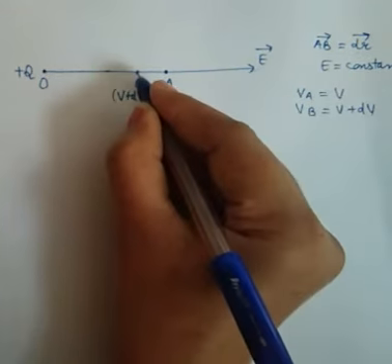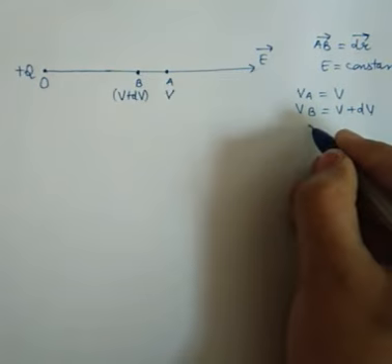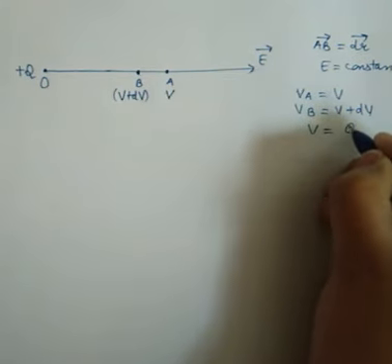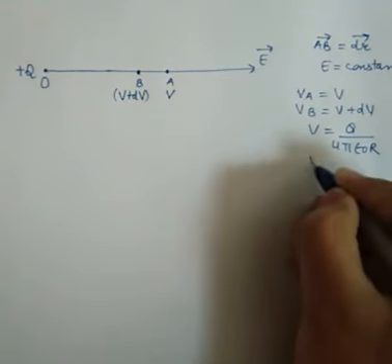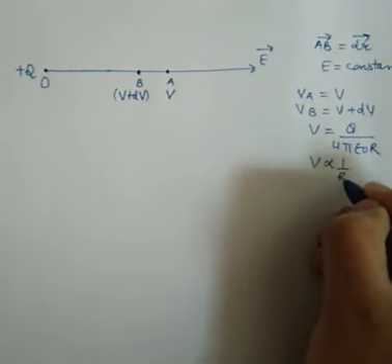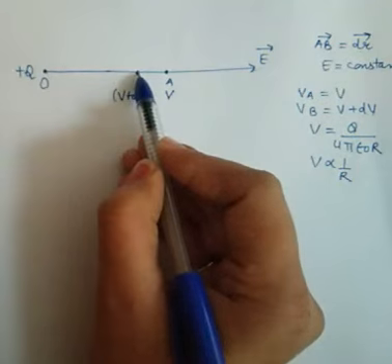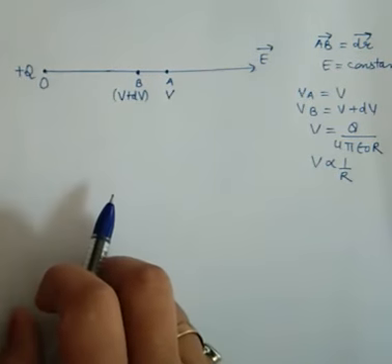Why have I taken more potential at B? Because I know potential is given by Q upon 4 pi epsilon naught R, or potential is inversely proportional to R. So, less the separation, more the potential.